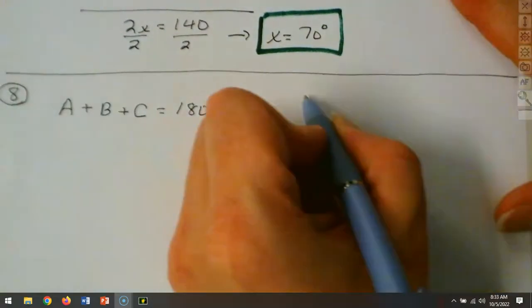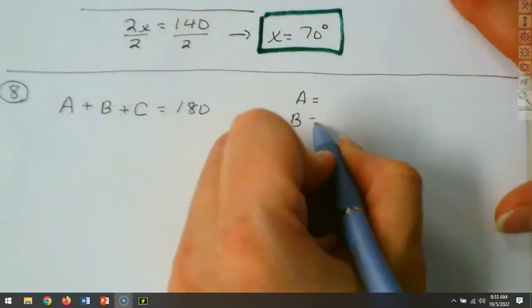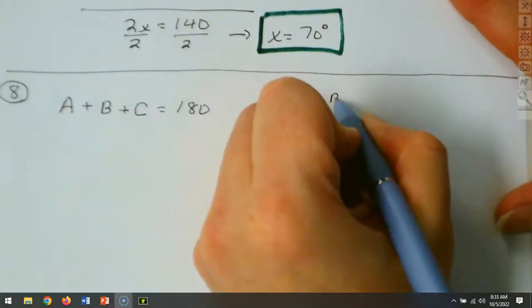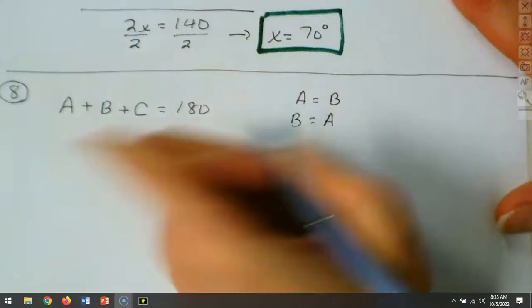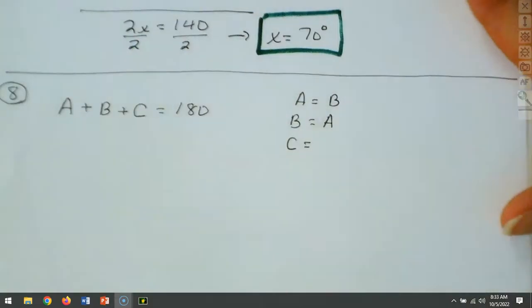Now, what do we know about A and B? They're the same, aren't they? Right? So A equals B and B equals A. They are the same. The one that we need to make sure we understand how it relates to these is angle C. And what does it say about angle C here?